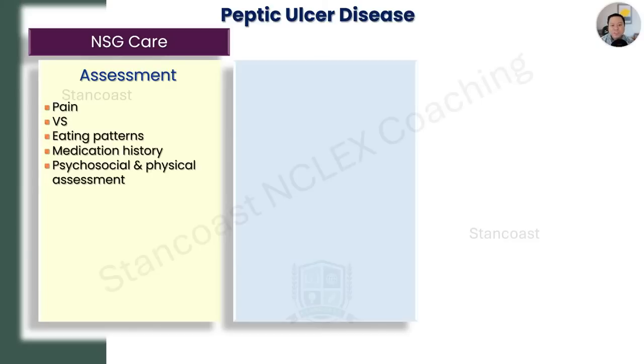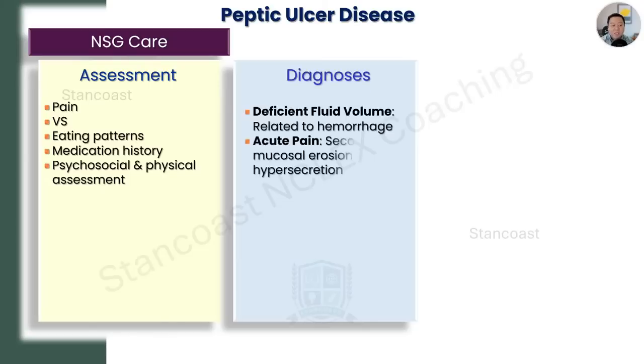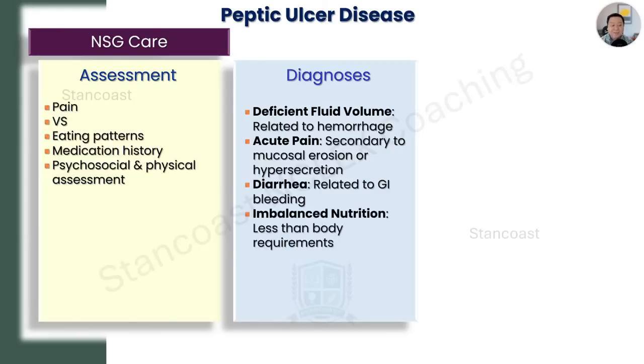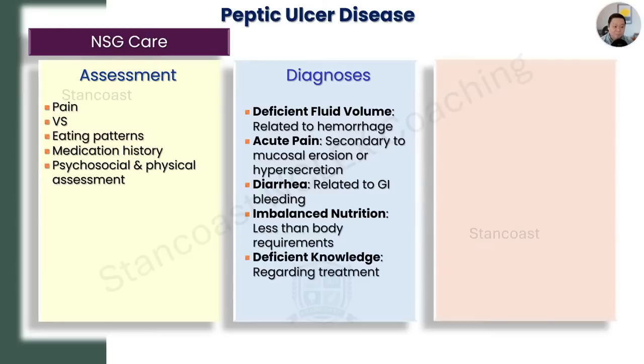Now, the top priority here is the deficient fluid volume related to the hemorrhage. It could be the acute pain secondary to mucosal erosion or hypersecretion, the diarrhea related to the GI bleeding, and maybe imbalanced nutrition, less than body requirements, or could be deficient knowledge regarding treatment.